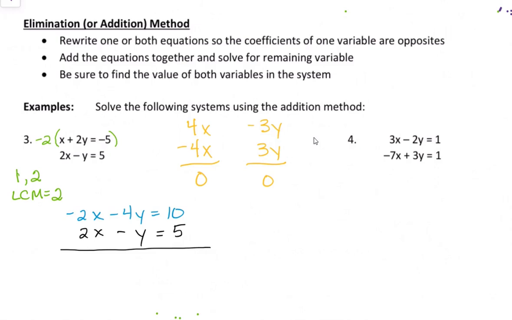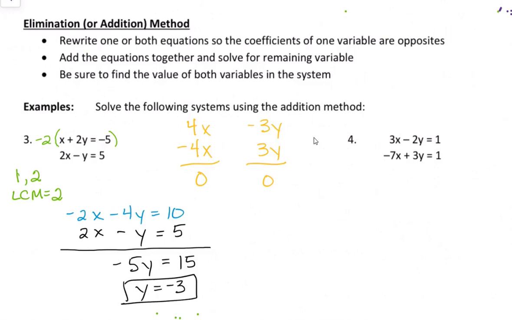And then when I add my y's together, I get negative 5y equals 15 on the constant side. And I have an equation with one variable that I can solve for. To solve for y, I just need to divide both sides by negative 5, and there's my y value.